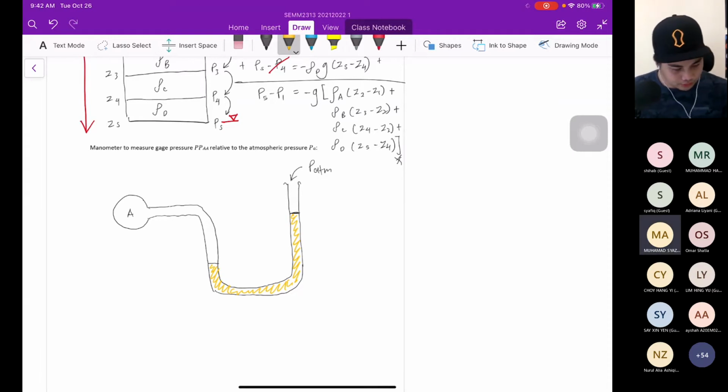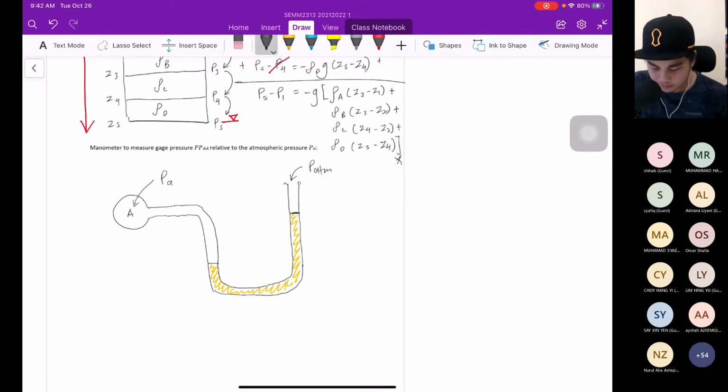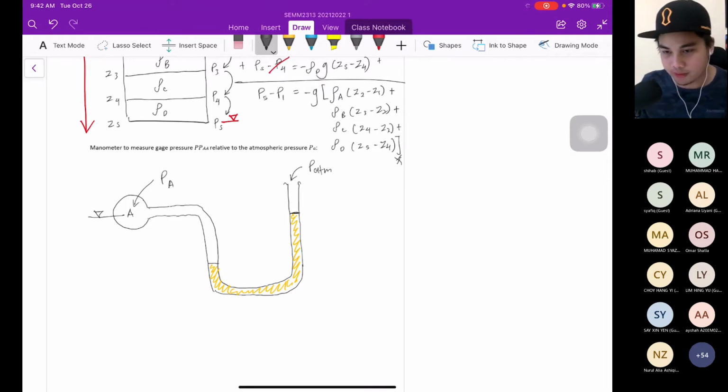Okay. So from here, let's label. This is considered pressure at point A. And the first step you need to do, remember, the first step to solve this question, you need to set the reference line. Let's say I put this as a reference line. Any kind of measurement we reflect to the reference line.